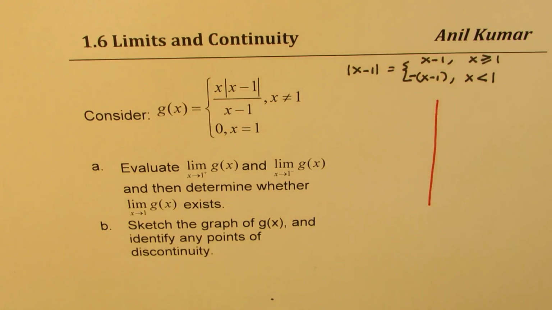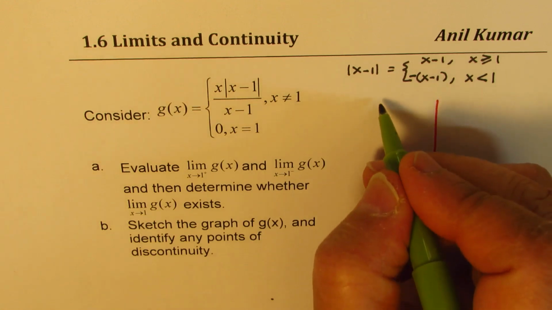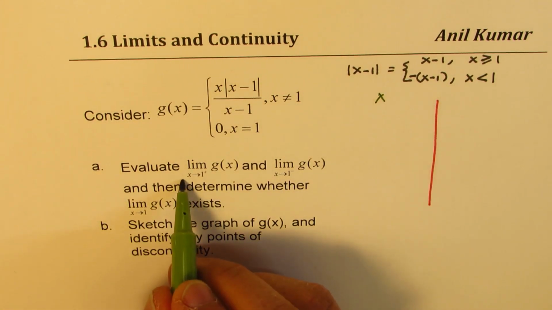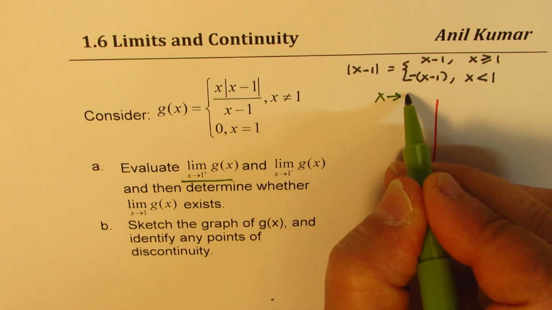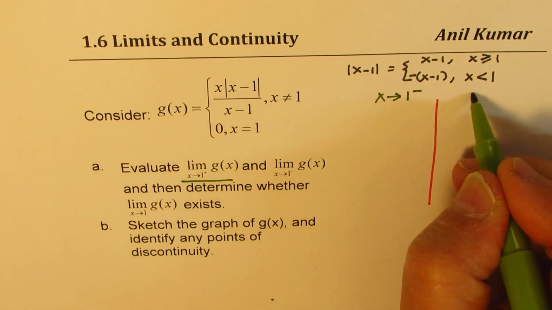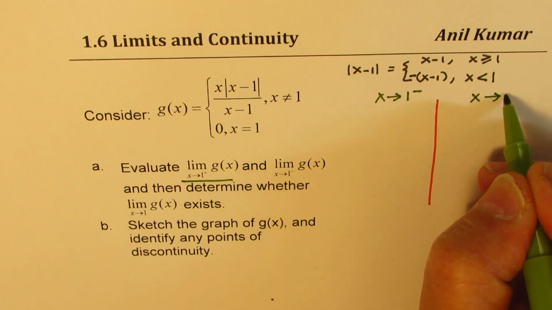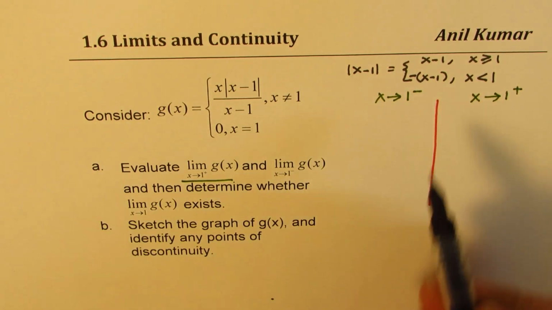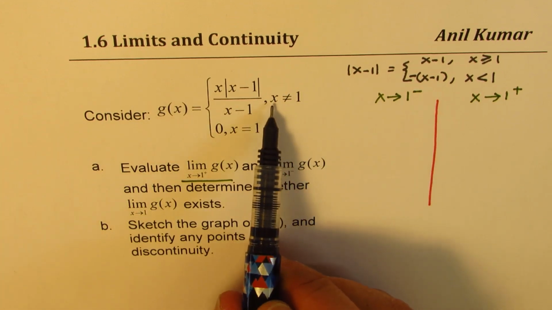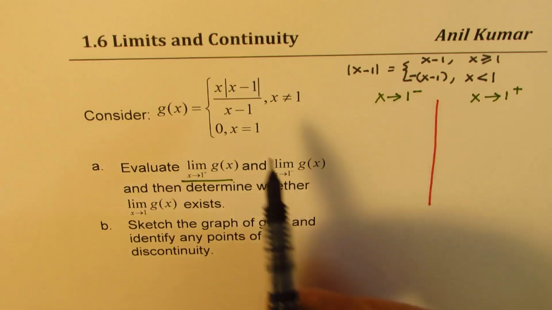Since we need to find the limit when approaching 1 from left and right, we'll be working with two different equations.